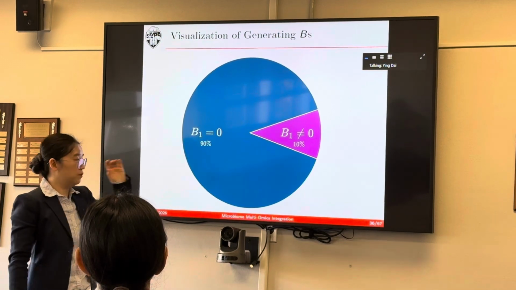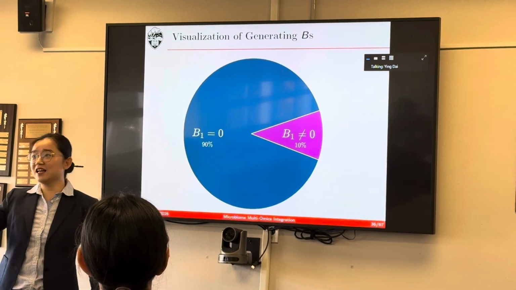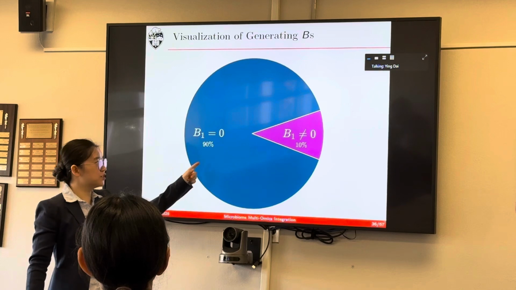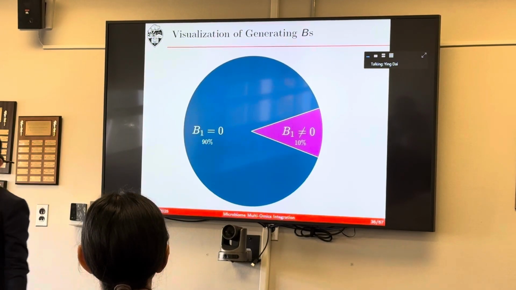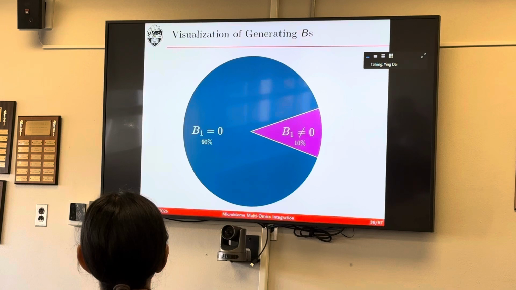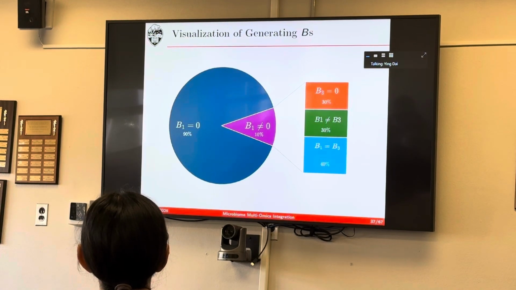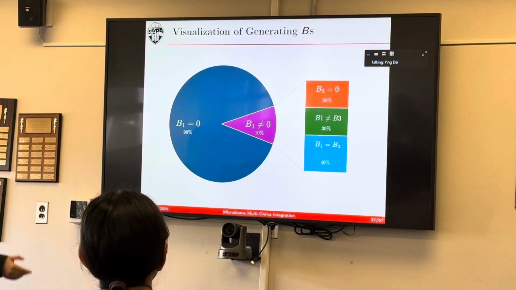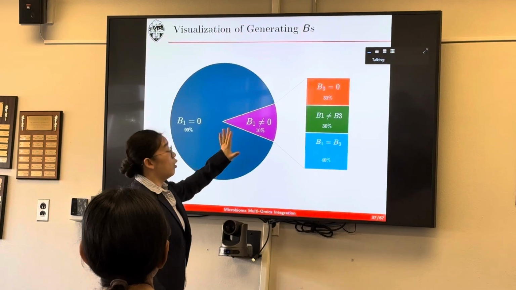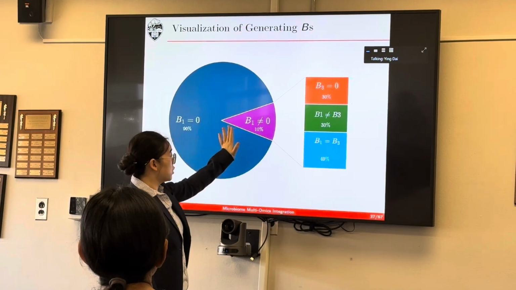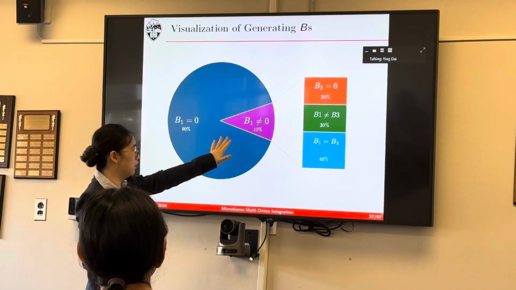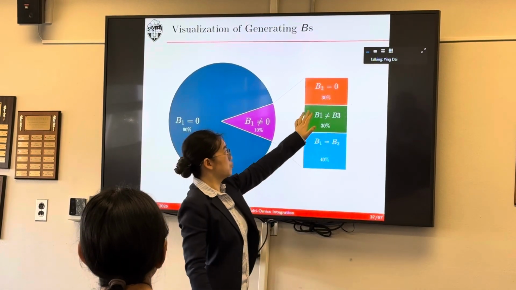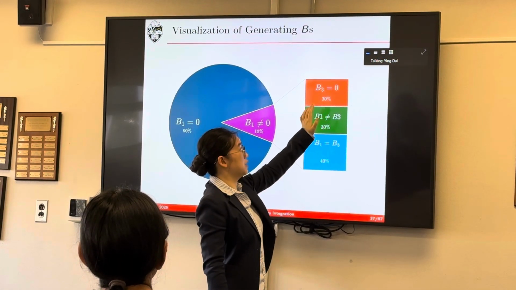So for B1, we want to make it sparse. That's simple: 90% of the entries are 0, and 10% of them are not 0. Easy. And then we want to generate B3, which is another group. Then things become complicated. My generation step is first, in the non-zero entries of B1, 30% of those entries are 0 in B3.